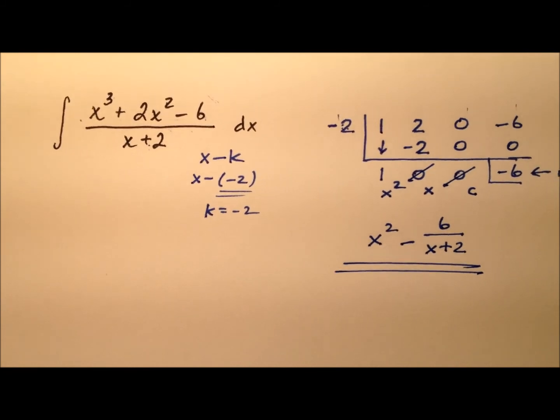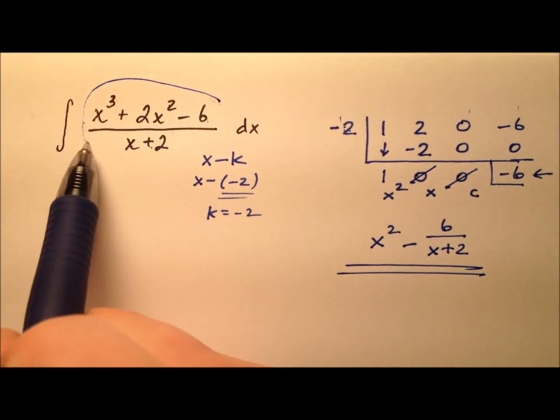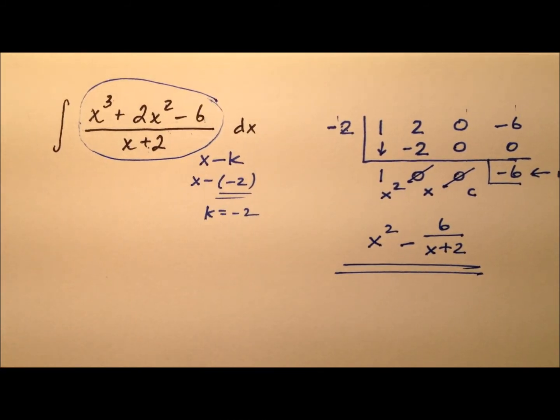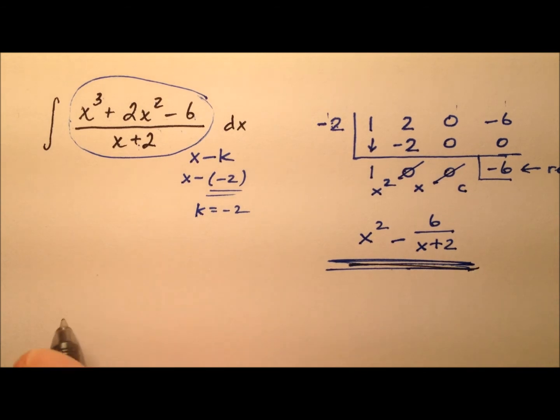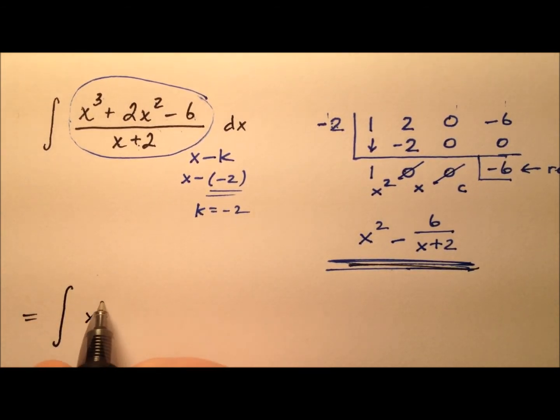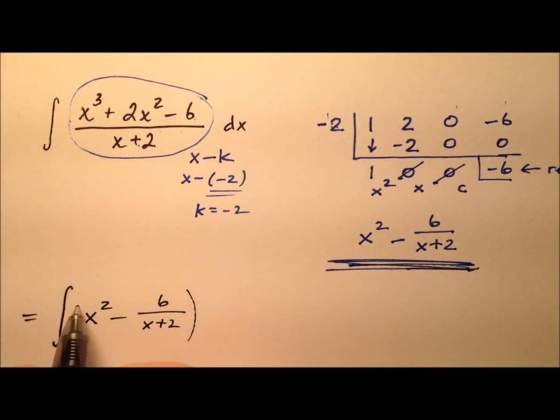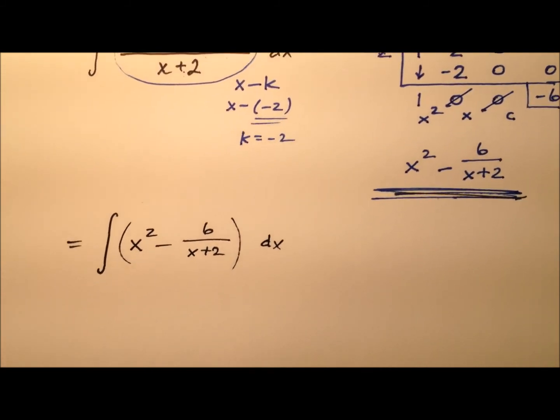So I could rewrite this entire integrand here as this. Okay, so let's go ahead and do that, because this seems like it's going to be a lot easier to work with. So I'm going to say x squared minus 6 over that x plus 2. And all of that, of course, is with respect to x, so we'll keep the dx there.